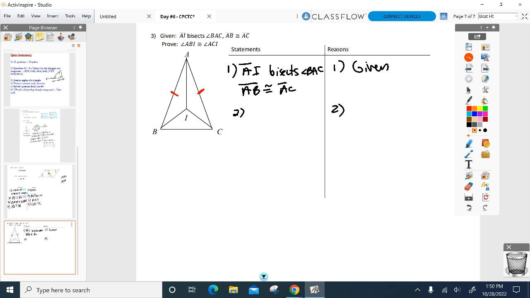What's the first angle in the proof statement? ABI. There's only one triangle that contains angle ABI. Everyone agree? Triangle ABI. And what's the second angle in the proof statement? There's only one triangle that contains ACI, and that's triangle ACI.